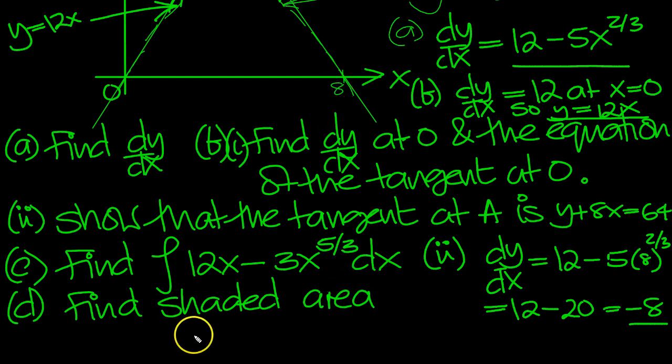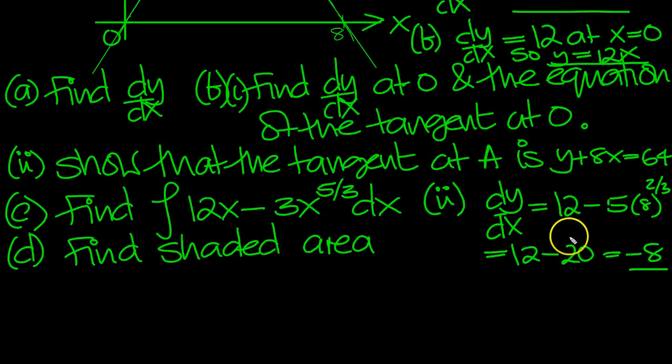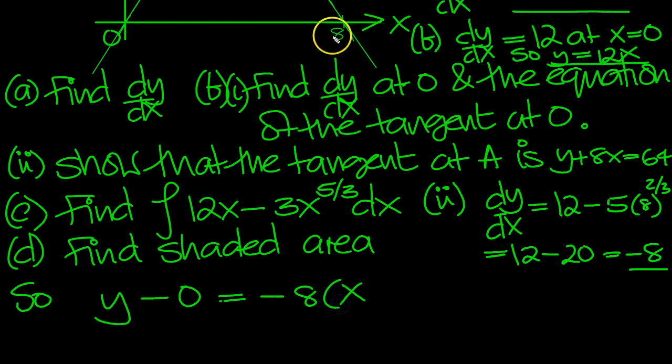So at A, y minus the y value 0 is equal to the gradient, minus 8, times x minus the x value, 8.